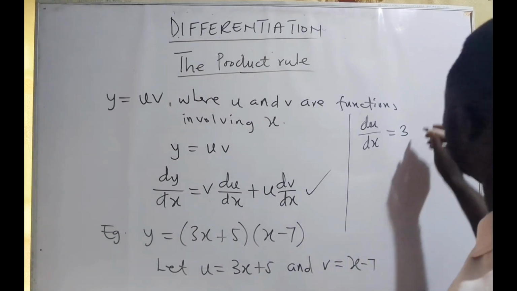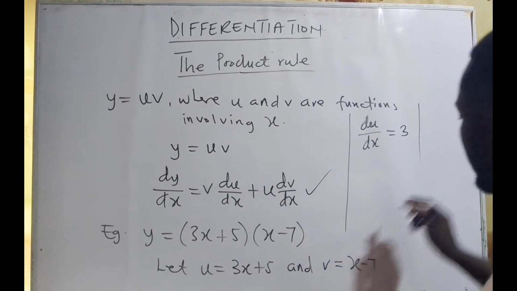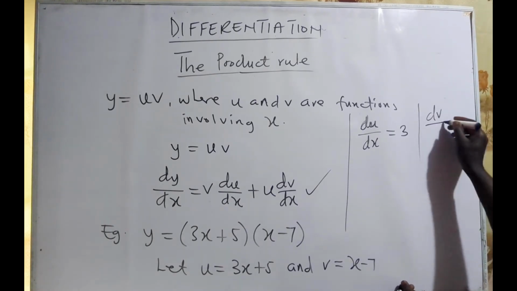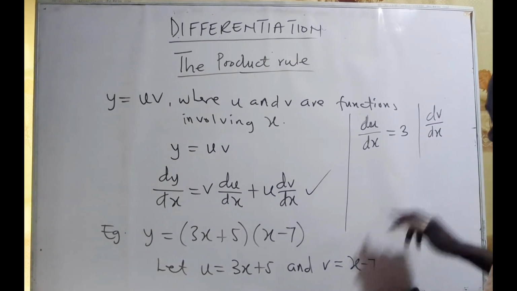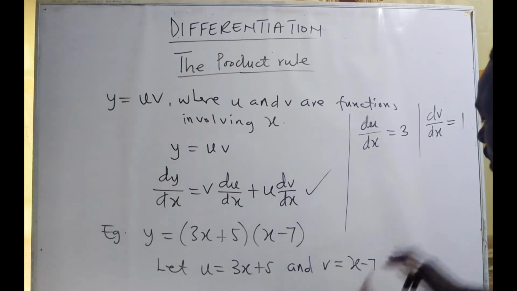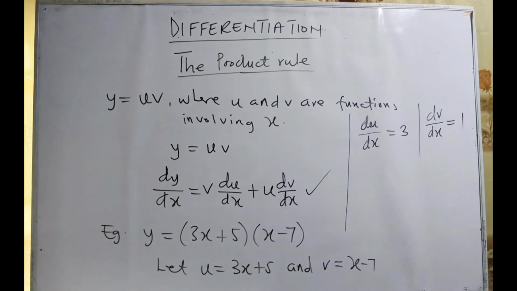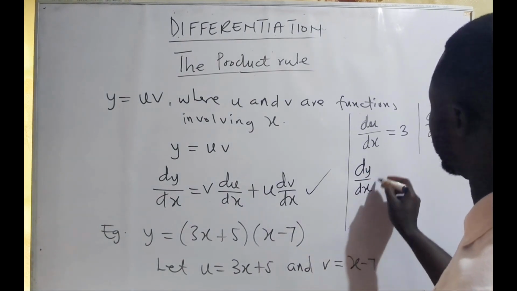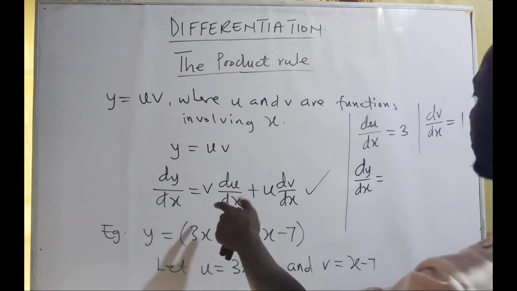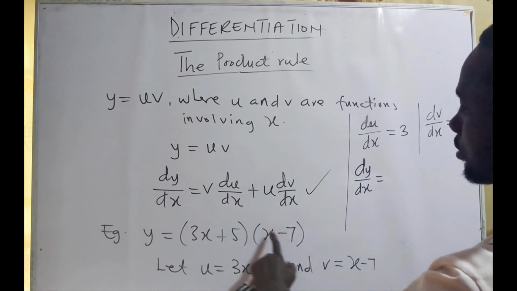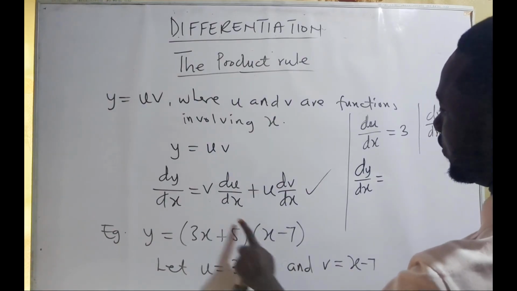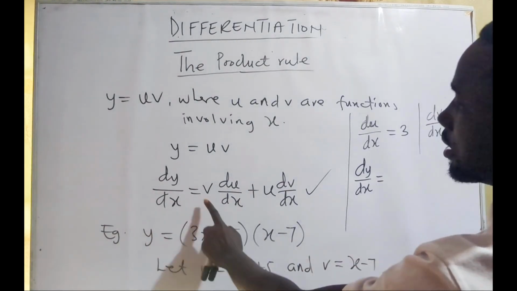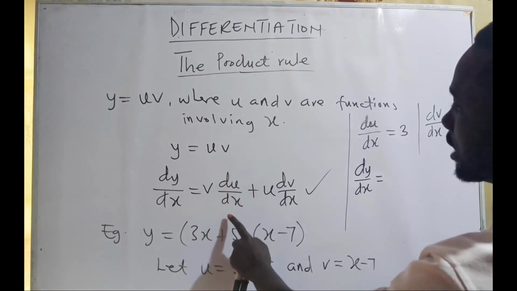Then I can also differentiate v. Differentiating dv on the x will give me 1, because if I differentiate x, it is 1, and then this is 0. So now what will be my dy on the dx? The formula is v times du on the dx.